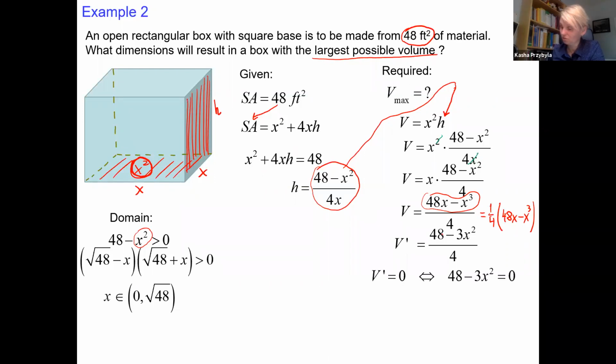We just need to find out where the derivative is 0. And this derivative is 0 if this expression is 0, of course. Is this a nice number or not a nice number? We have to divide 48 by 3 and then take the square root.